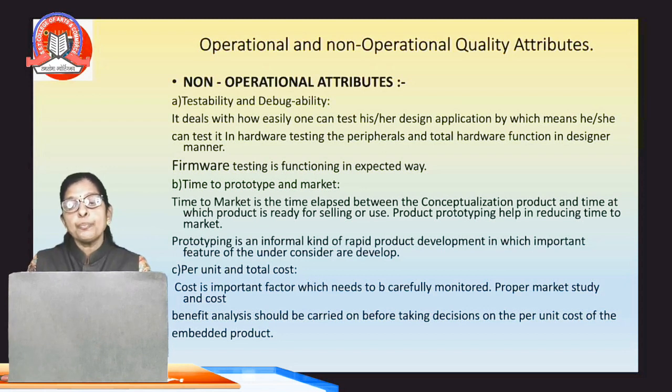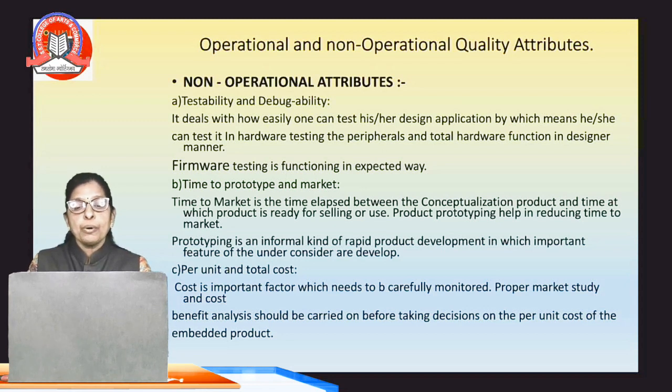For product prototyping, some protocols or rules and regulations are given to the product. It helps in reducing time to market. Prototyping is an informal kind of rapid product development in which important features of the product under consideration are developed.